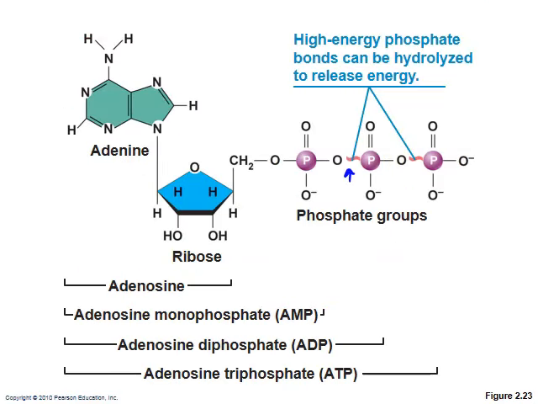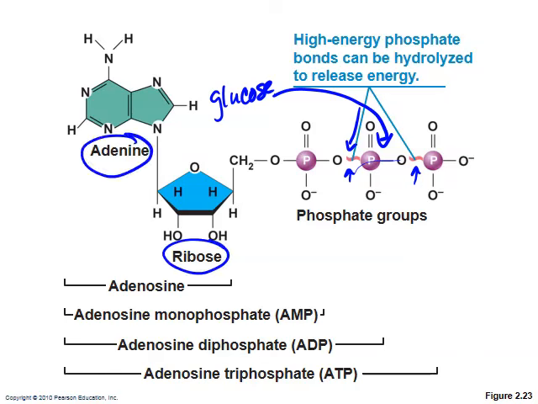Right here, these pink little squiggly lines are trying to show you that that's where the energy is trapped. The energy that was in glucose gets transferred and is trapped in these bonds. So here's the adenosine. It has a sugar, it has a base, and it has a phosphate group. So this is a nucleotide, right?